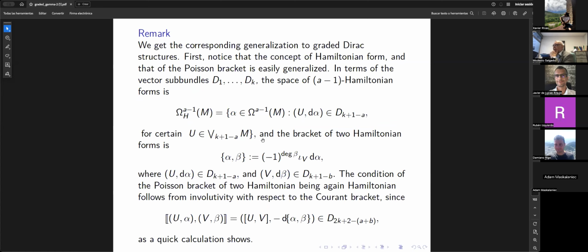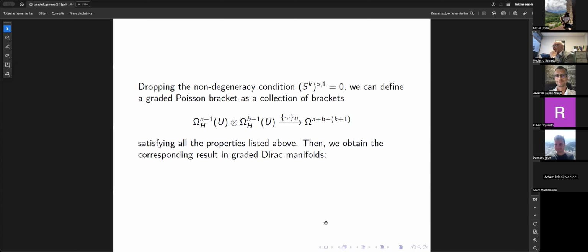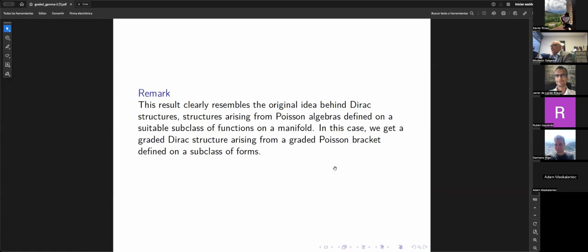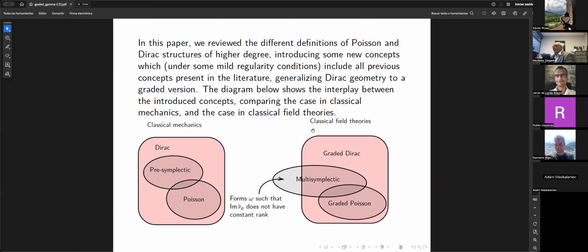It's just a graded definition. This is very technical, but this is just the idea. So excuse me if I pass quickly over these things.